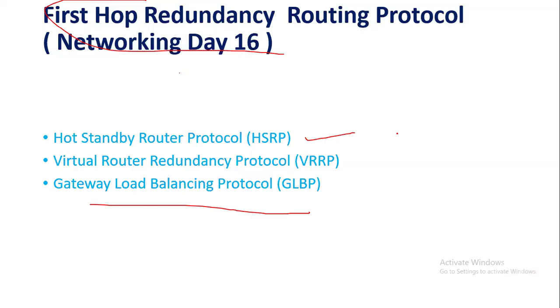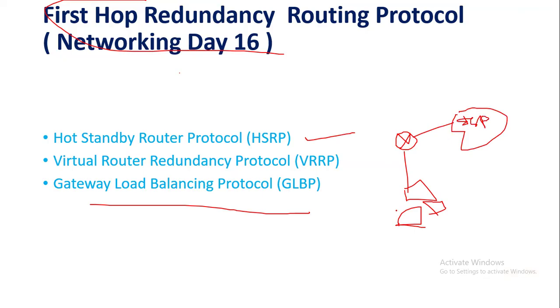So let's take an example. If I have a router, this is my switch, and there are multiple users connected, and they are connected to the ISP which I have. It doesn't matter whether Tata, Airtel or something else.